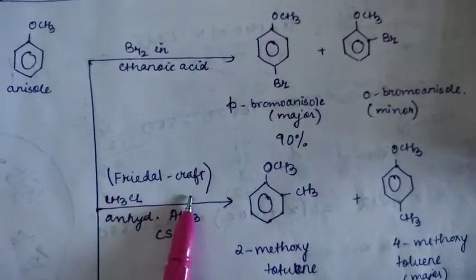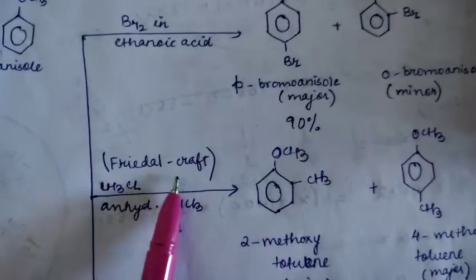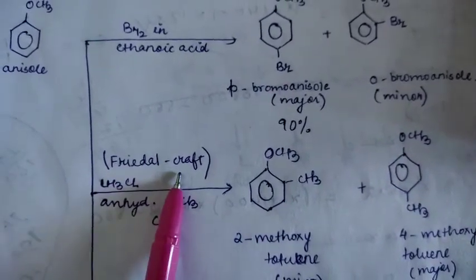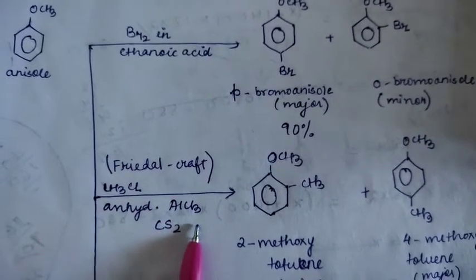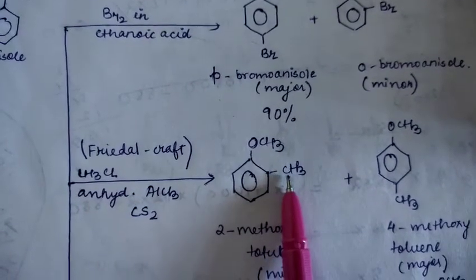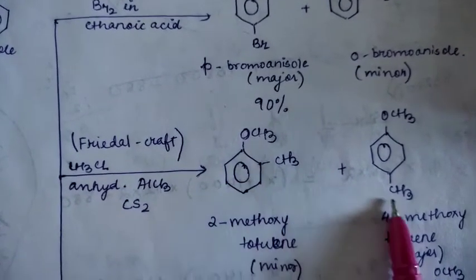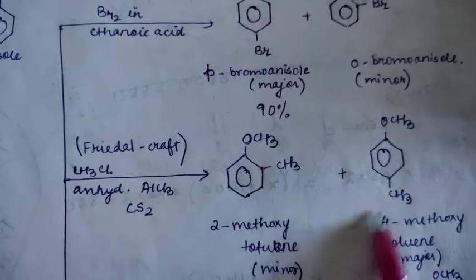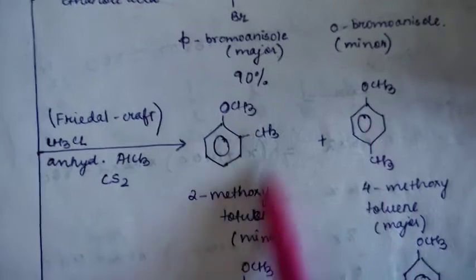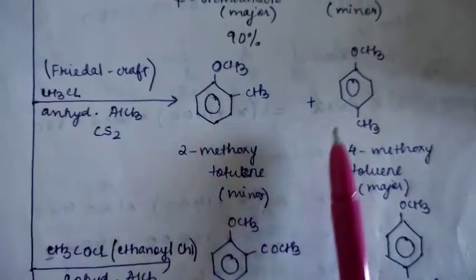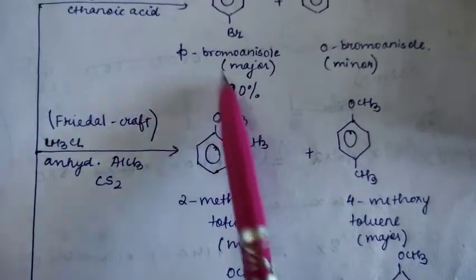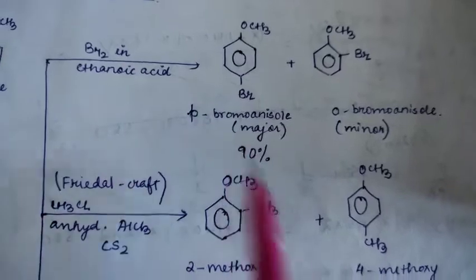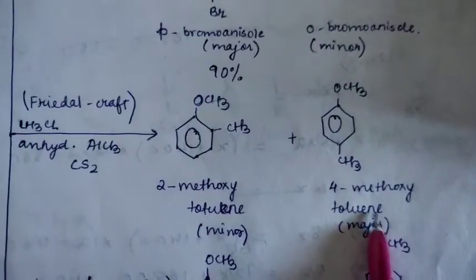Next is the Friedel-Crafts alkylation reaction, and another one is the acylation reaction. So this is the alkylation reaction. In the alkylation reaction we will use chloromethane and anhydrous aluminum chloride. Here again CH3 will attack at the ortho position and at the para position. Again you will get a mixture in which the majority is the para compound.